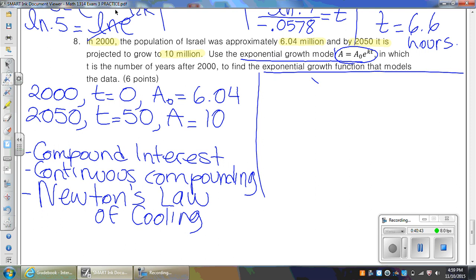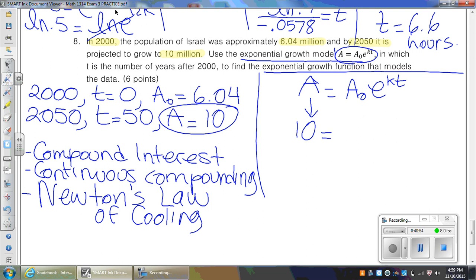All right, so just to finish this problem, we use this as our final amount. So that will be 10. The initial amount would be 6.04. We have E. We are looking for K, and T is equal to what? 50, right? So here, we solved it the same way that we've been solving all these problems. The 6.04 is multiplying E to the power K times 50, so we divide.